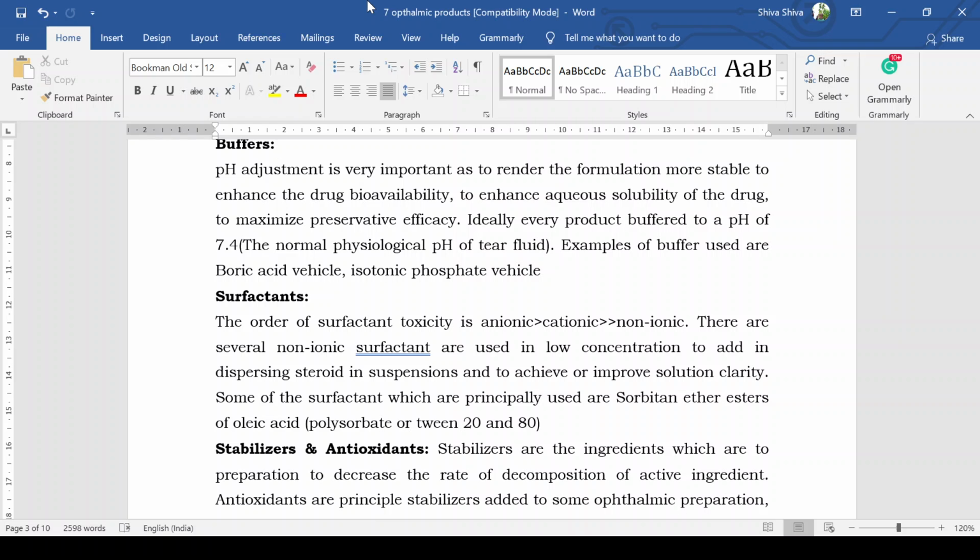So basically for increasing the wetting property, for increasing dispersion of the solution over the surface of the eye, surfactants are used. Some of the surfactants which are principally used are sorbitol ether esters of oleic acid, which are also called polysorbate or Tween 20.